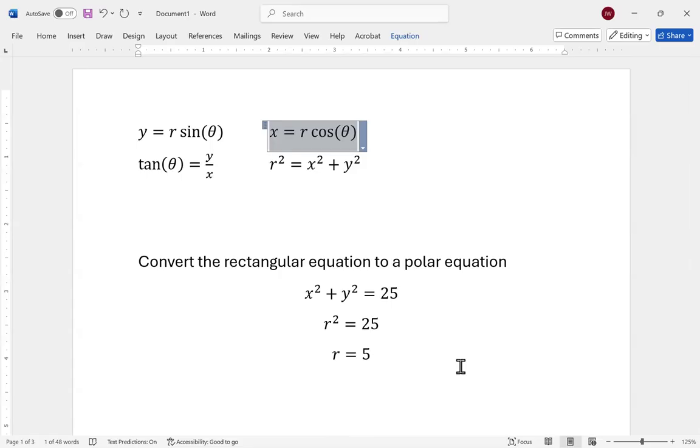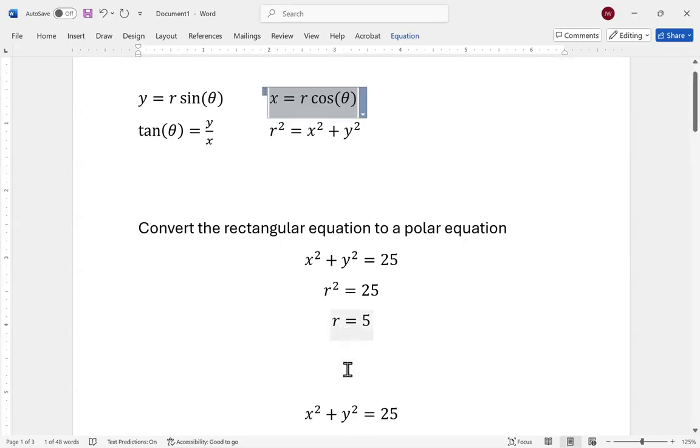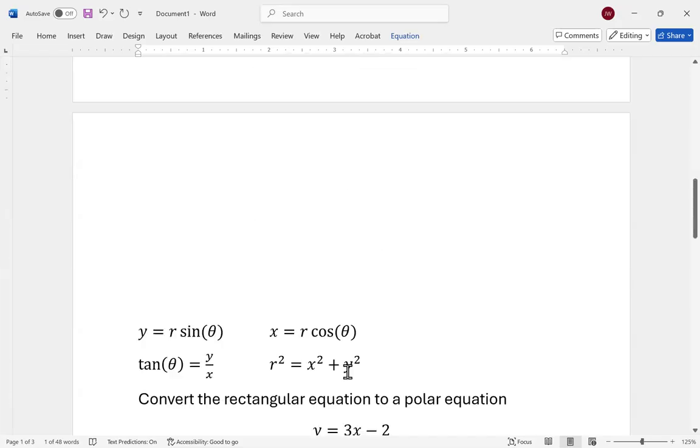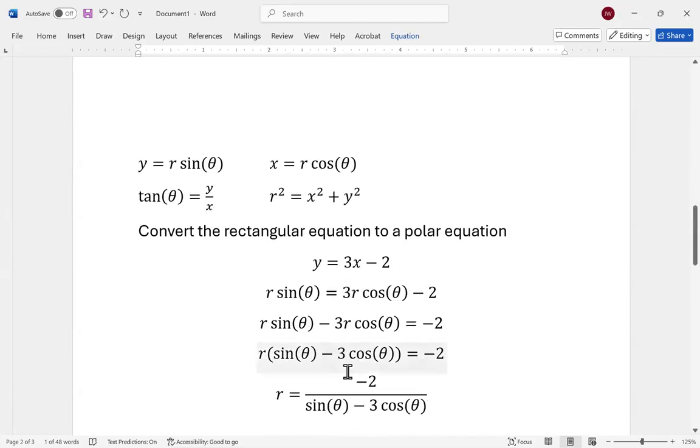That doesn't mean I can always solve for r. Sometimes I won't be able to solve for r, but we can always do a conversion into a polar equation.